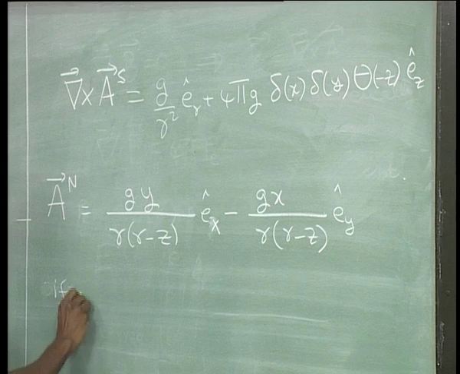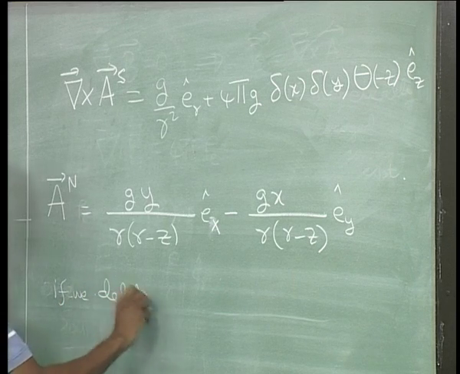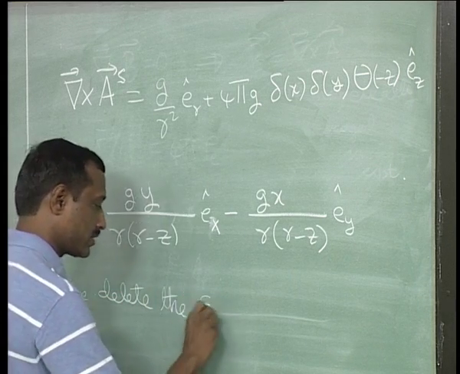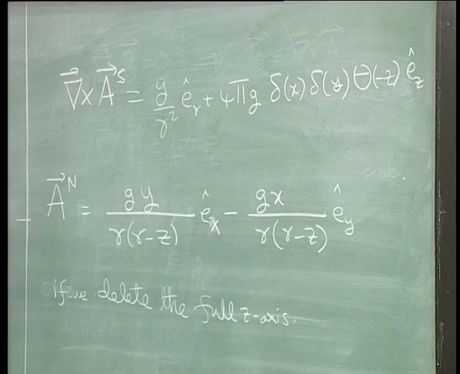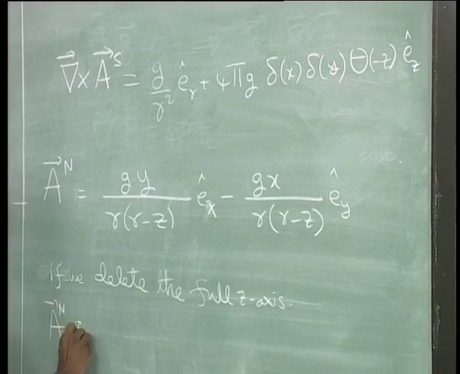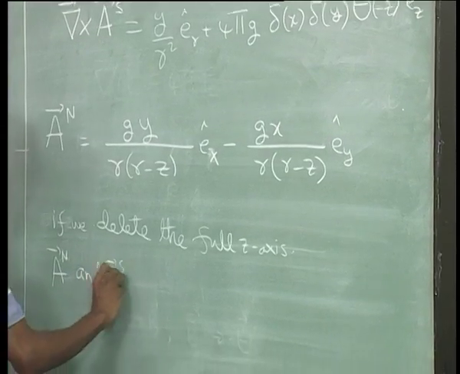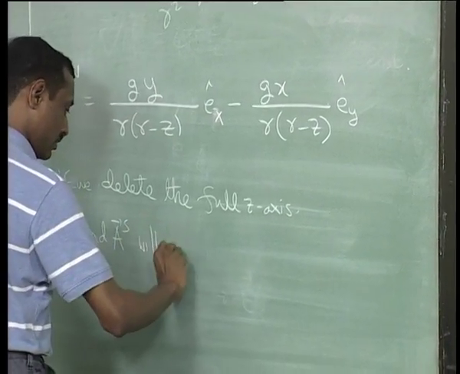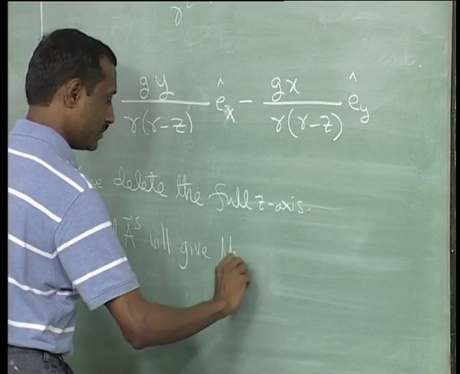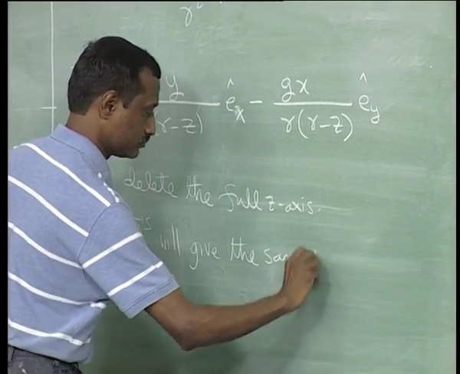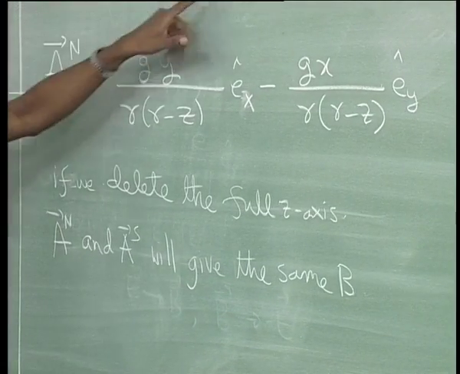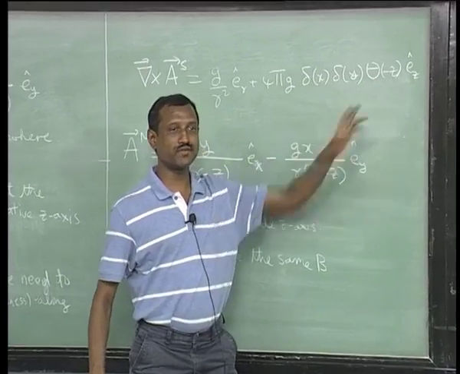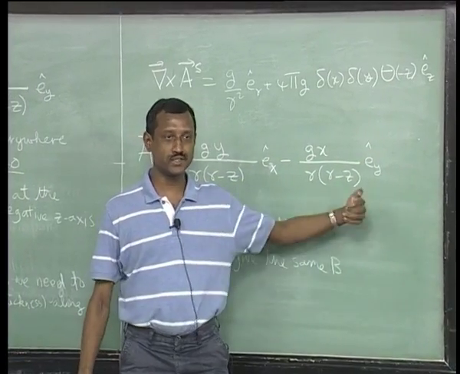But now you can see that on regions, if we delete the full z axis, then these two, A_N and A_S, will give the same B. So del cross A_N will give the same thing with a plus out here. This theta function is the Heaviside theta function, 0 and 1.